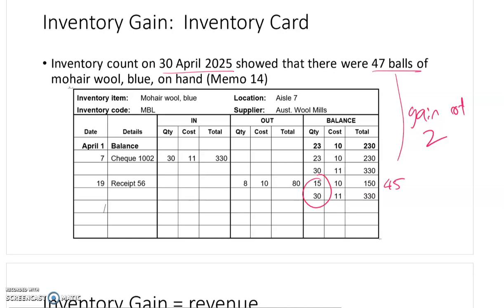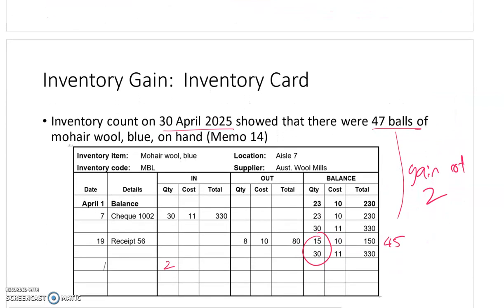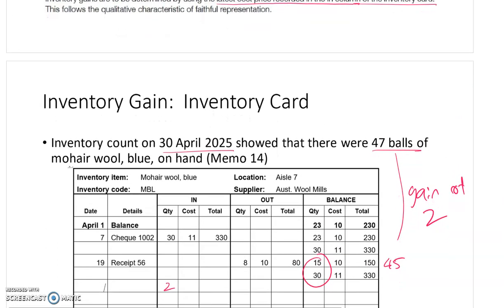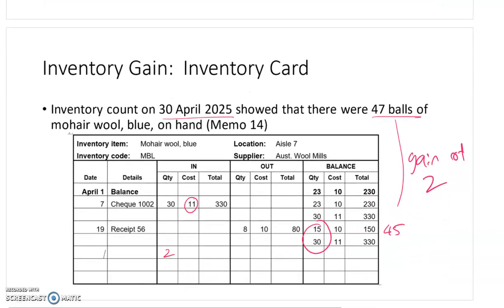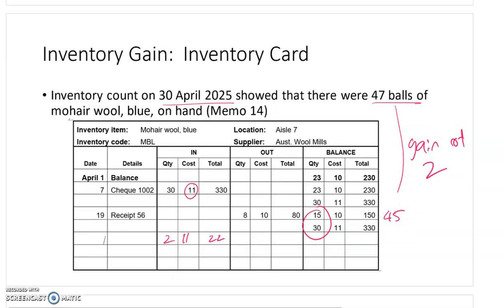The way we record this in the in column is we record the fact we have 2 items coming in. What is the cost price of this inventory? Well, under FIFO, and this business uses FIFO, we use the latest cost price recorded in the in column, which is $11. So we've had 2 units at $11, and the total there will be $22.